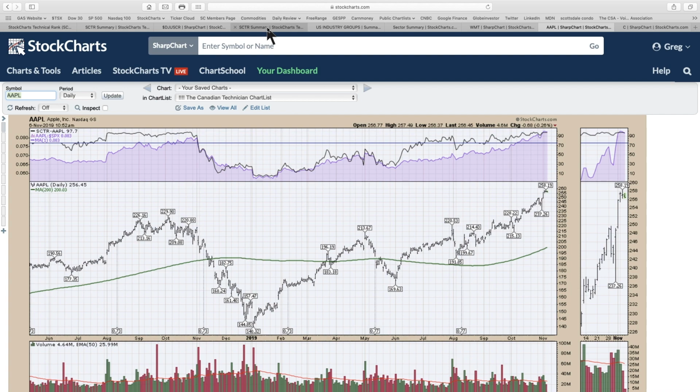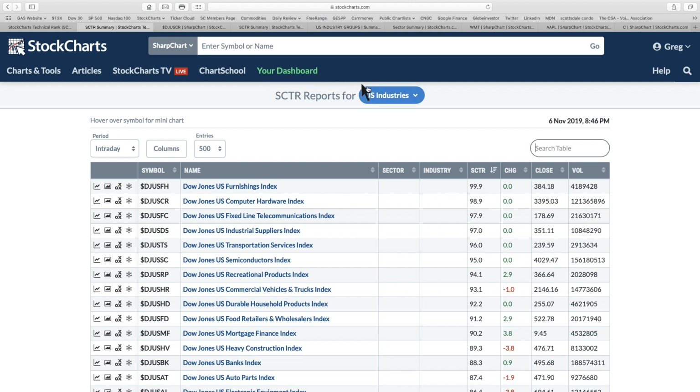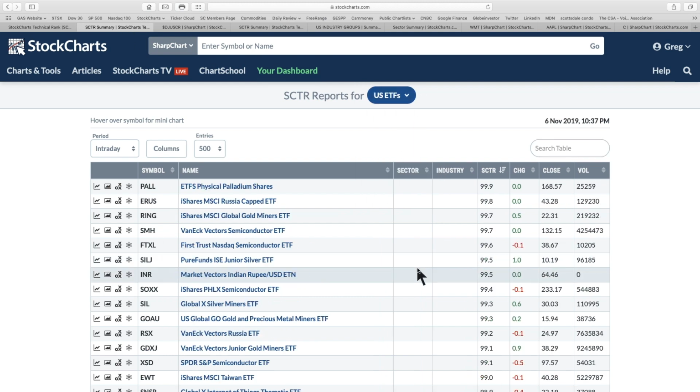Now, the big thing to remember, I talked that we have industry groups on here. We also have ETFs, and the benefit of using the ETF Scooter ranking is to help you stay focused, and you're going to find a lot of the good ideas that you saw over on the industry group dashboard also might show up in the ETF group.